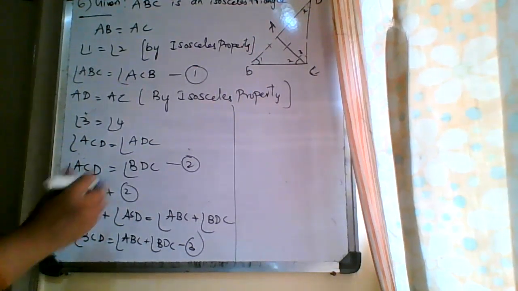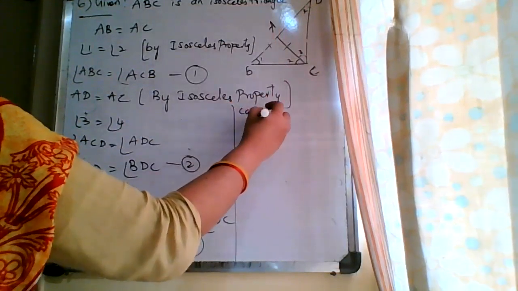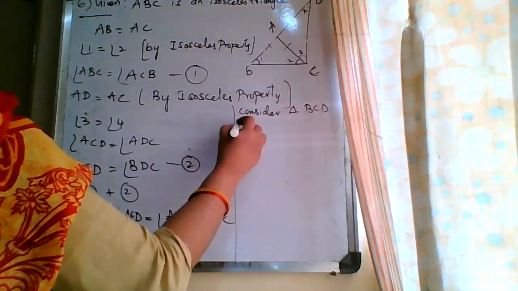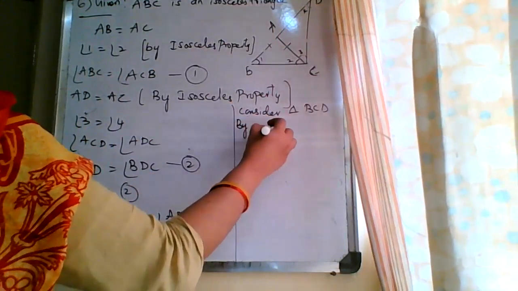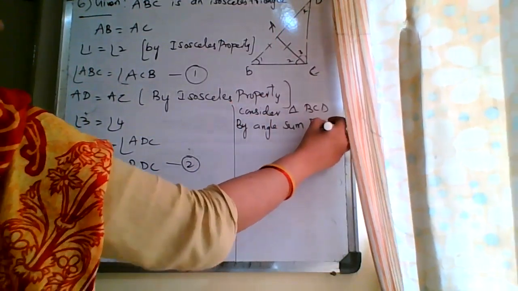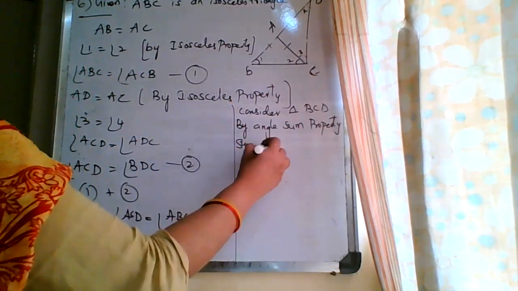Here I think you have understood. Now we'll take this big triangle. Consider triangle BCD. By the angle sum property: what is the angle sum property? The sum of all angles in a triangle is equal to 180 degrees.